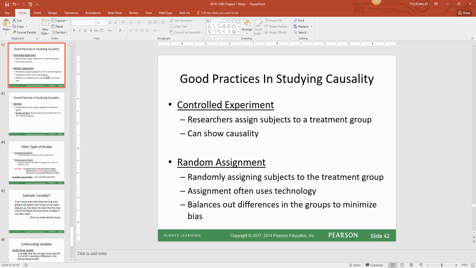So we can use technology to do this, and that tends to give us more randomized pairings, so that way it balances out the differences in the groups to minimize bias, right? So we can never get away from bias, but we do want to try to limit bias.